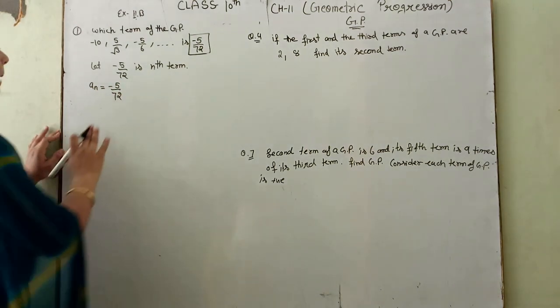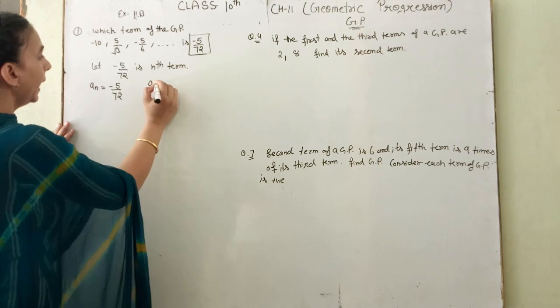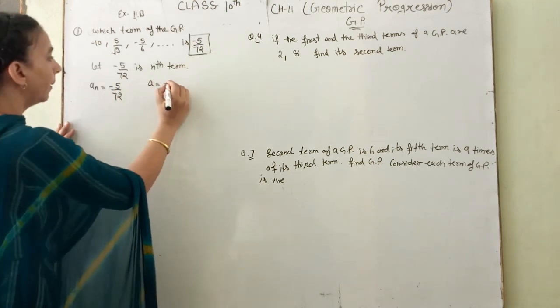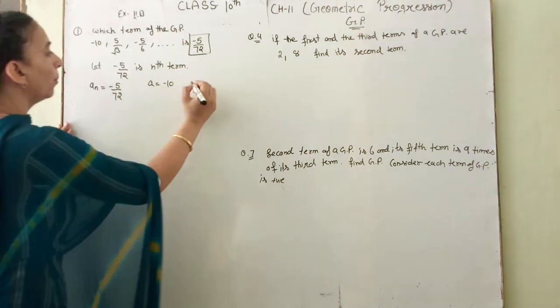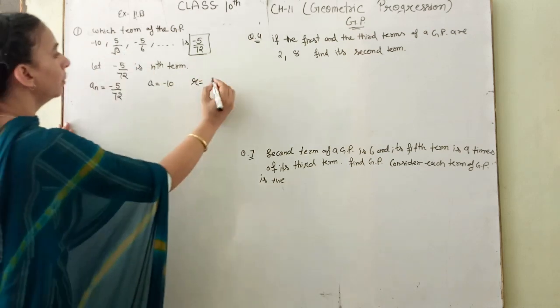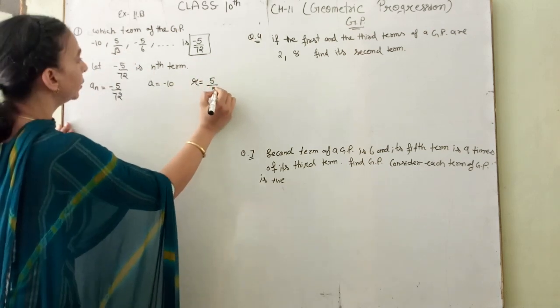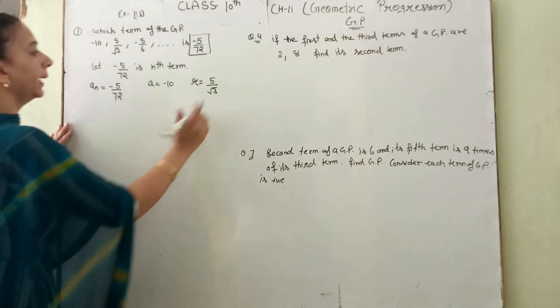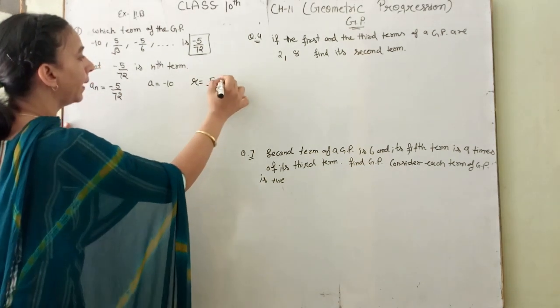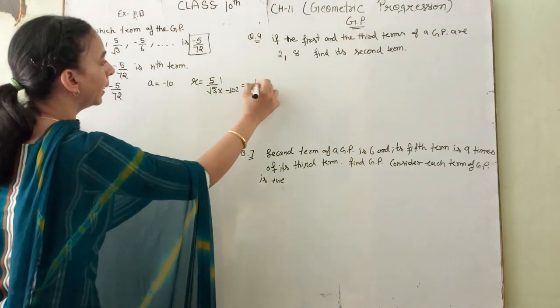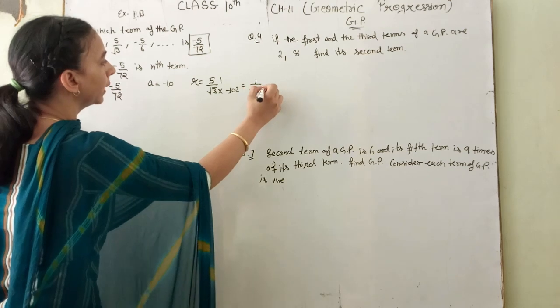Okay students, in this GP, the first term a is minus 10 and the common ratio r equals 5 by root 3 divided by minus 10, which equals 1 by minus 2 root 3.